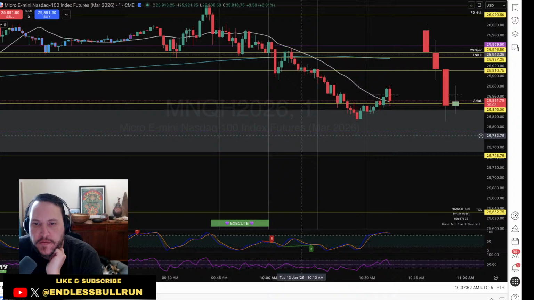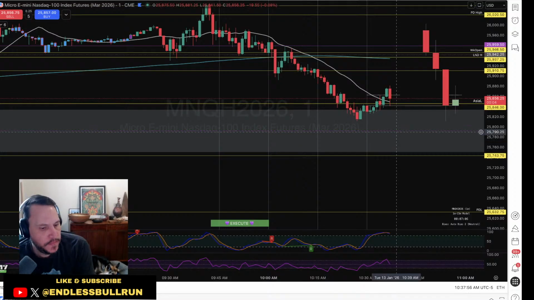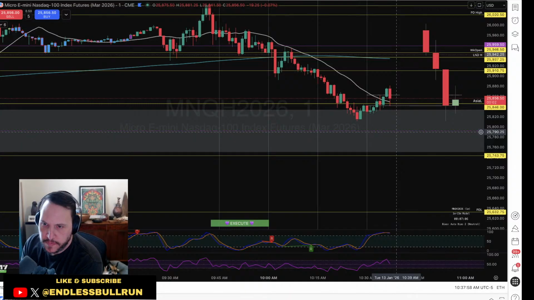Think about taking this short, but I don't like that we're on this fair value again. Feels like we're shorting the end of the move.